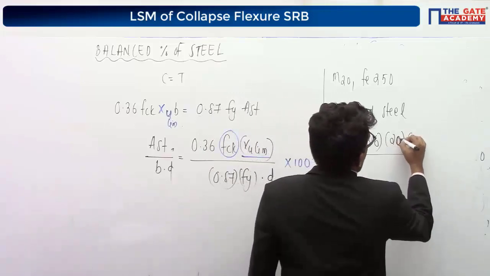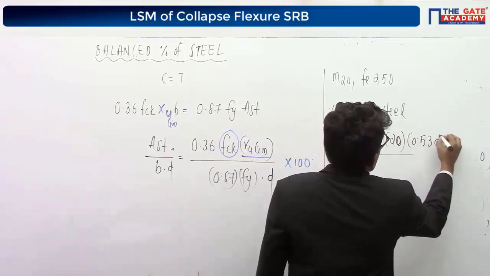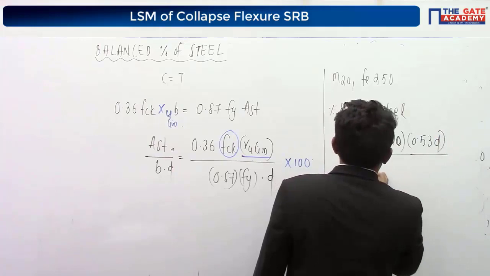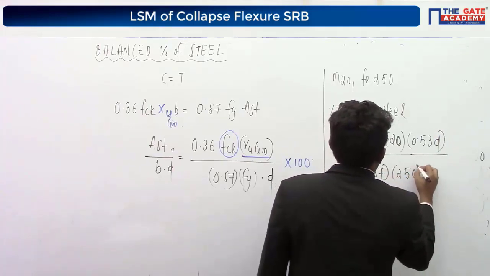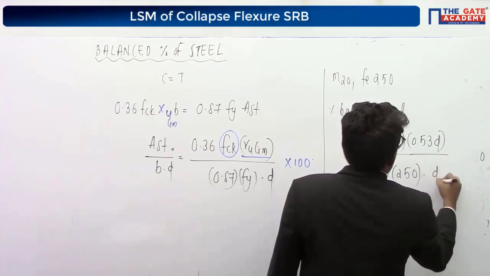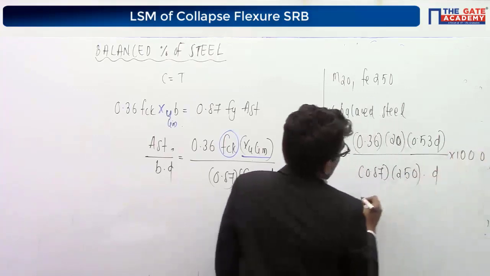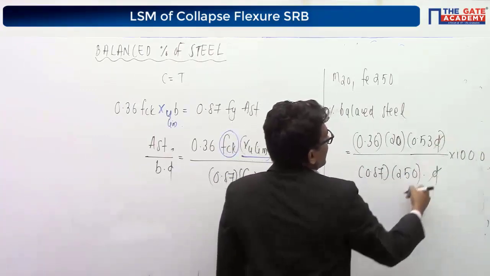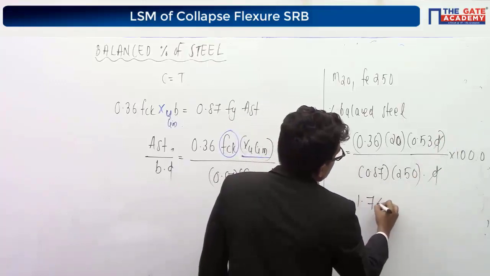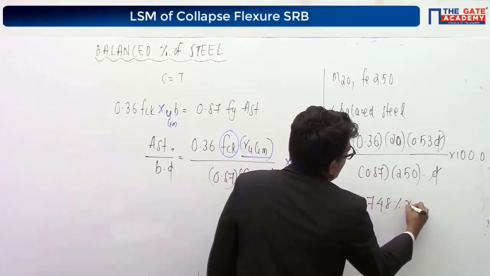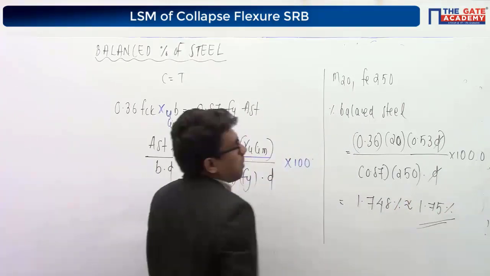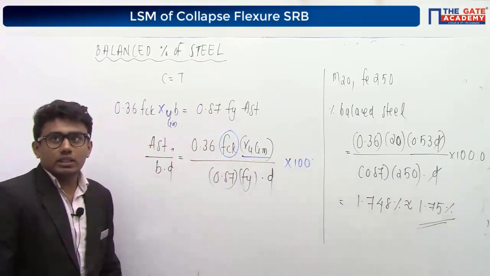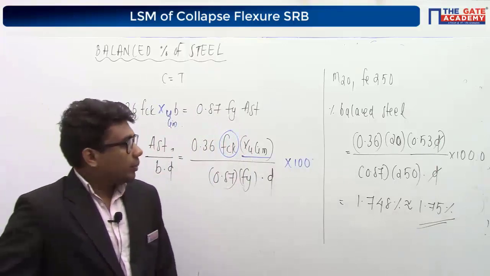Yes. 0.53D divided by 0.87 Fy. Fy here is 250 Newton per mm square into D into 100. D and D will get cancelled. Remaining is 1.748 percentage, or you can say 1.75 percentage will be the balanced percentage of steel for the given beam.